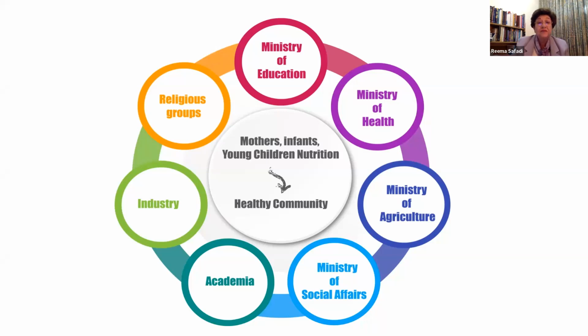We can see about 7 sectors, probably we can have more, but they are indirectly involved: the Ministry of Education, Health, Agriculture, Social Affairs, Industry, and religious groups. All of these can partner together and work on improving mothers' and children's health. We'll start with the Ministry of Education.